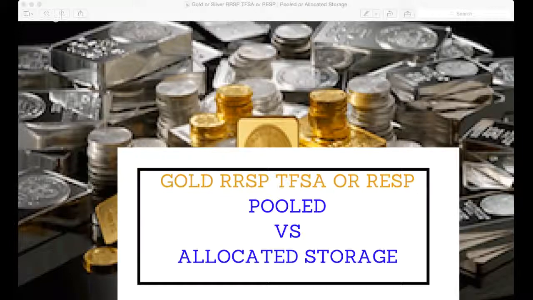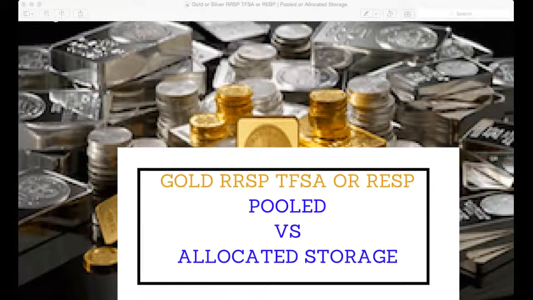Now, what is allocated storage? Allocated storage is the kind of storage where you again have invested in the physical gold or the coins, and it's still being pooled with other positions, but in this case, it has been recorded under your name.